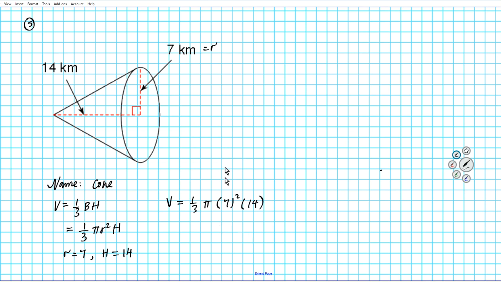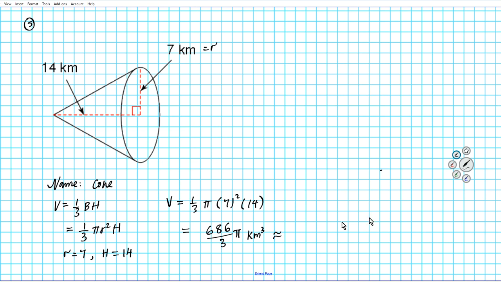If we multiply 7 squared times 14, 7 times 7 times 14, that's 686. So we're going to have 686 divided by 3 pi kilometers cubed as the exact volume.